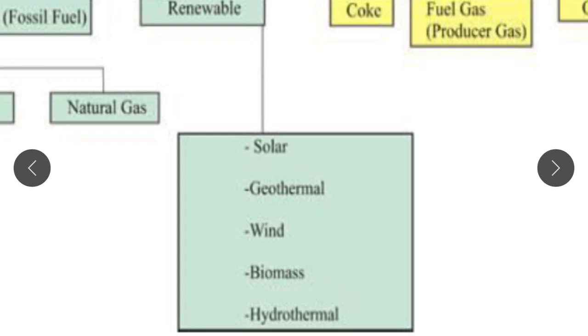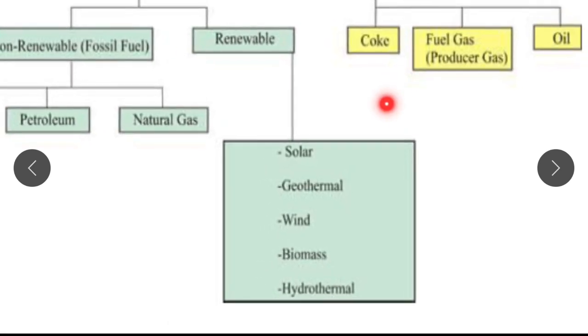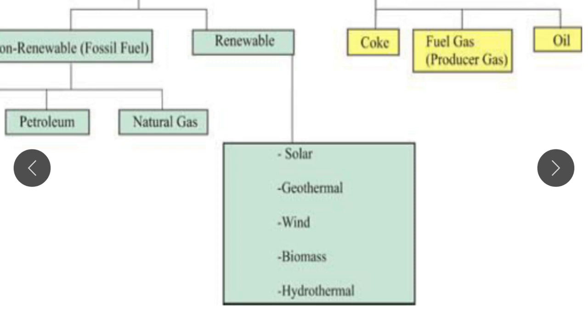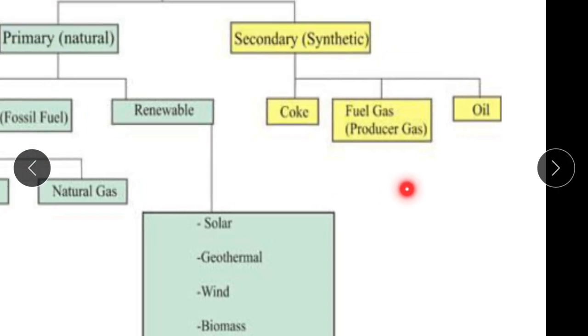It is never ending, inexhaustible, abundantly available. But it is quite disheartening to say that even though these energy resources are available in nature in a large quantity, to that extent this energy is not being used by mankind.